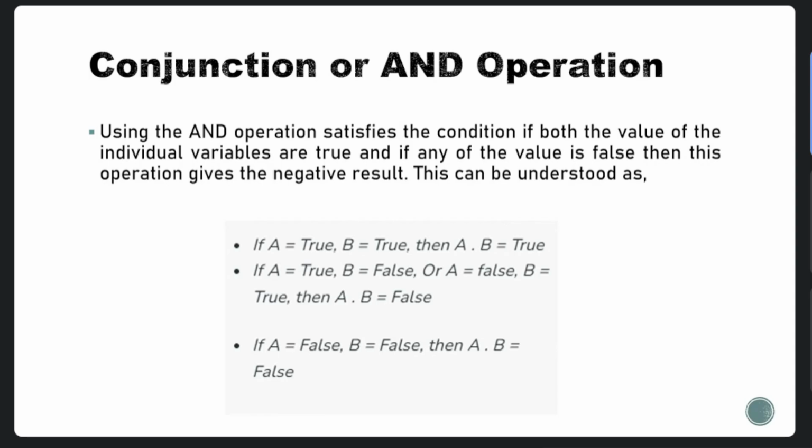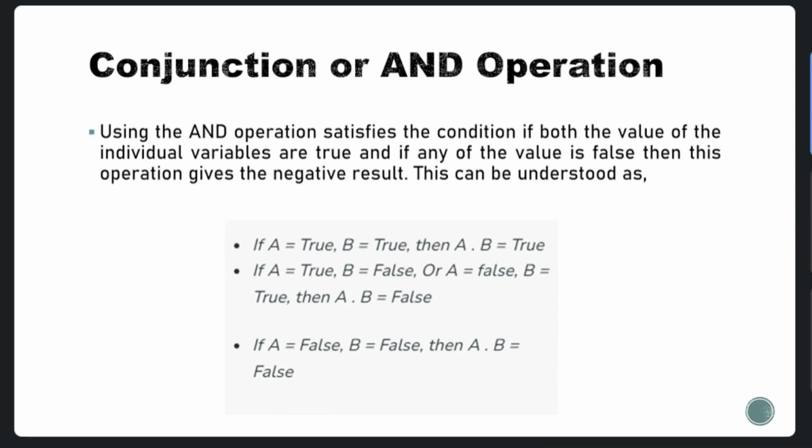So kapag AND operation naman, kapag true, false, siya po ay false. And then kapag false, false, so A and B is false. Kapag AND, siya po ay false. Then kapag true, yun lang yun. Kapag naman false, A is false, B is true, and then A dot B is equal to false.